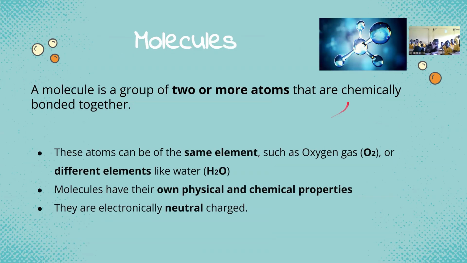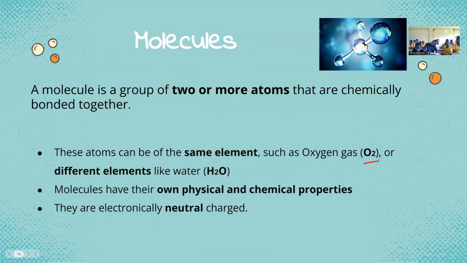And let's move on to molecules. So what is a molecule? A molecule is a group of 2 or more atoms that are chemically bonded together. These atoms can be of the same element, like oxygen gas.